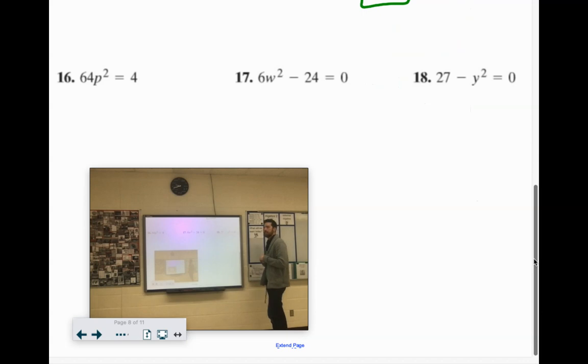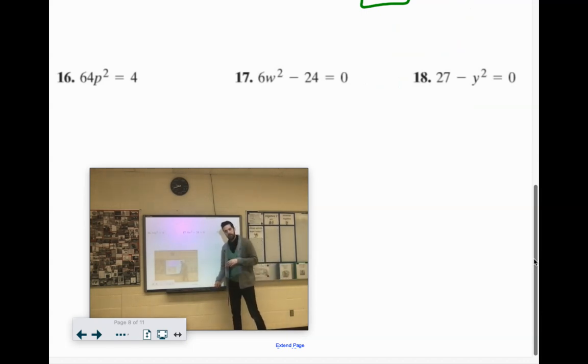Number 18 is kind of strange. So the 27 there, I see the minus afterwards, and some people would say, well, then let's add it. But 27 plus 27 would be 54, and we're trying to get rid of the 27. So the minus actually belongs with the y squared. That's the tricky part. So if we're getting rid of positive 27, we would subtract 27.